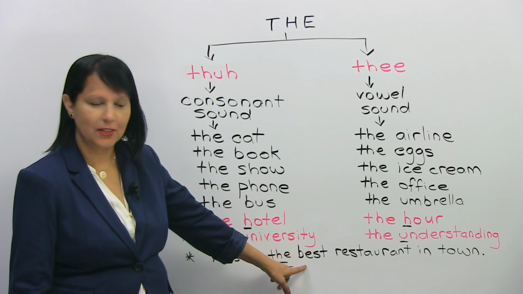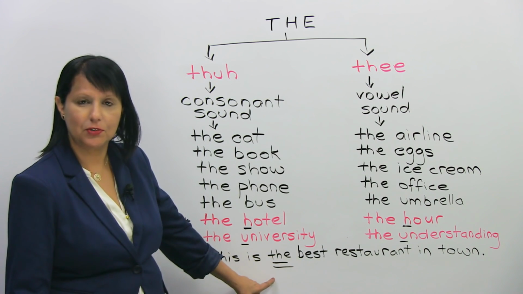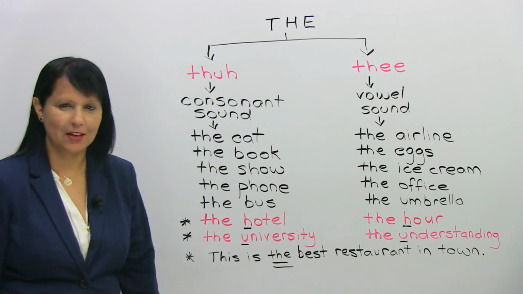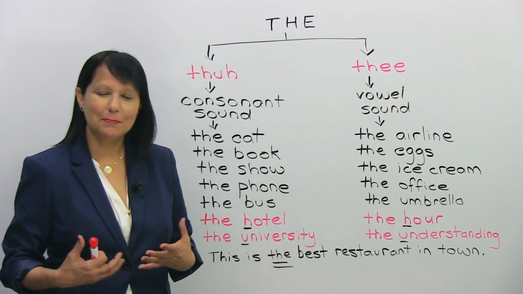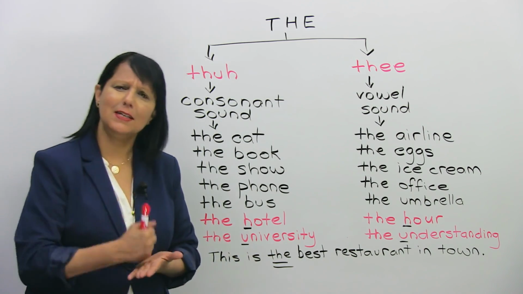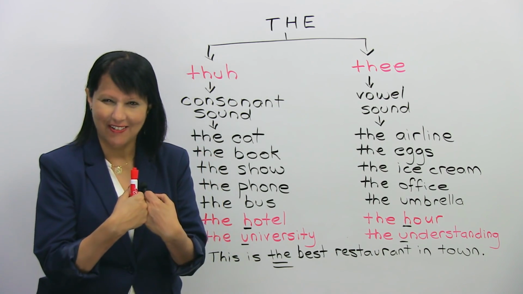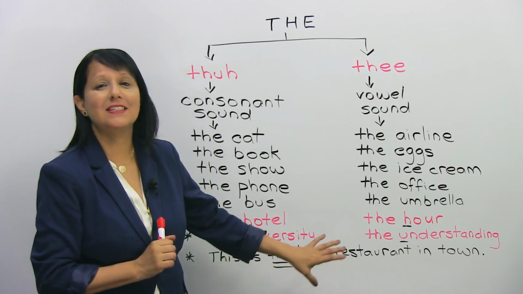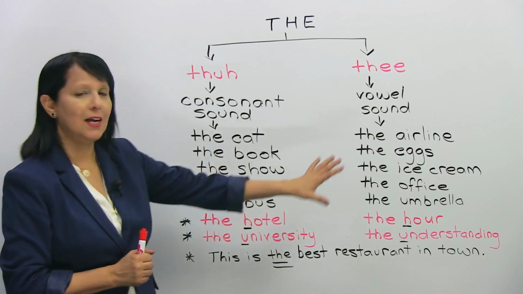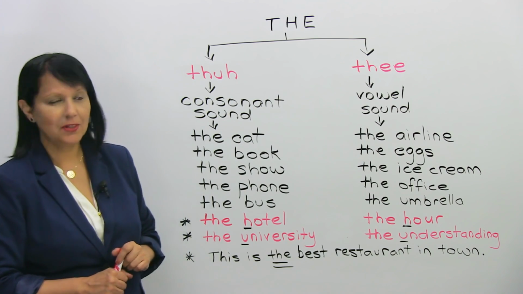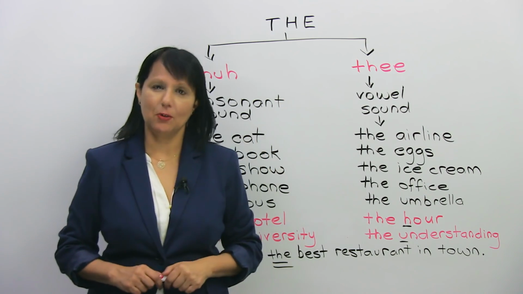Even though it started with a B, the word after the, we didn't say this is the best. You could say it. It's not wrong, okay? But people would probably say this is the best restaurant in town because they want to emphasize it, all right? But that's the exception. Most of the time, this is what happens. The before the consonant sound and the before a vowel sound.